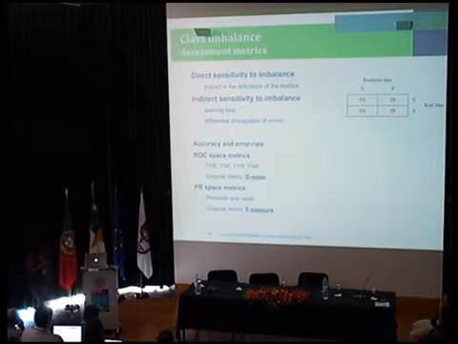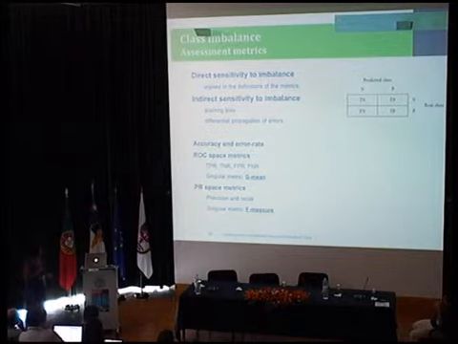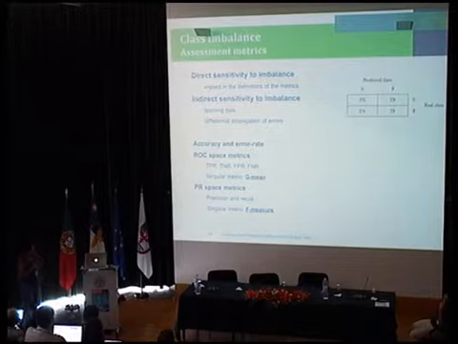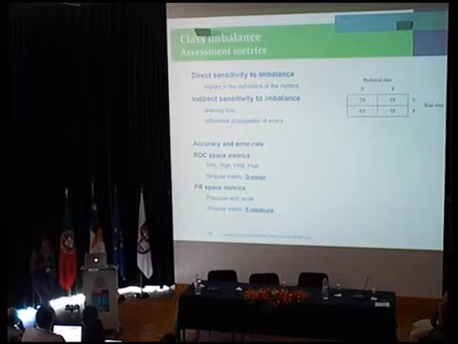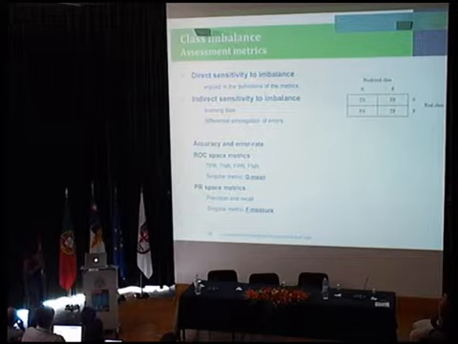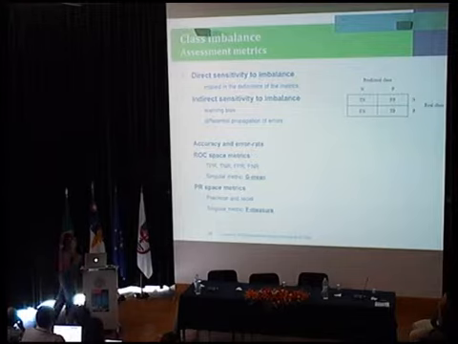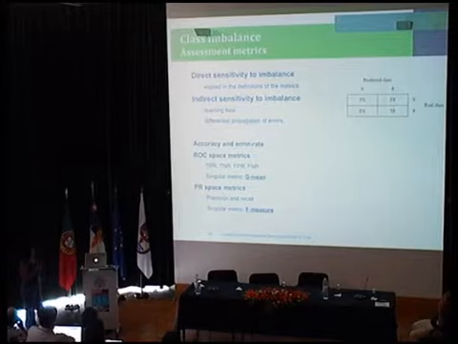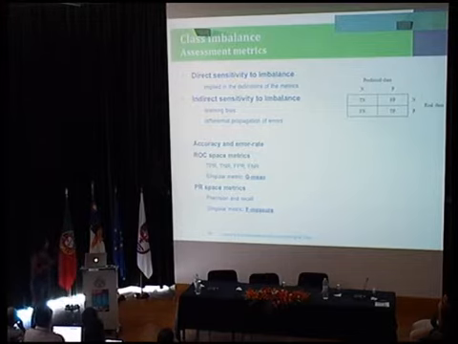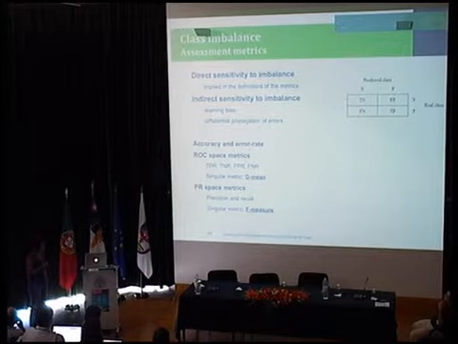Okay. So now that we know the types of algorithms and strategies we can use, we have to decide what type of metrics will be used to assess the results. There is direct sensitivity to imbalance that can be implied in the definitions of the metrics, and there is also what we call indirect sensitivity to imbalance that can be measured using learning bias or differential propagation of errors.